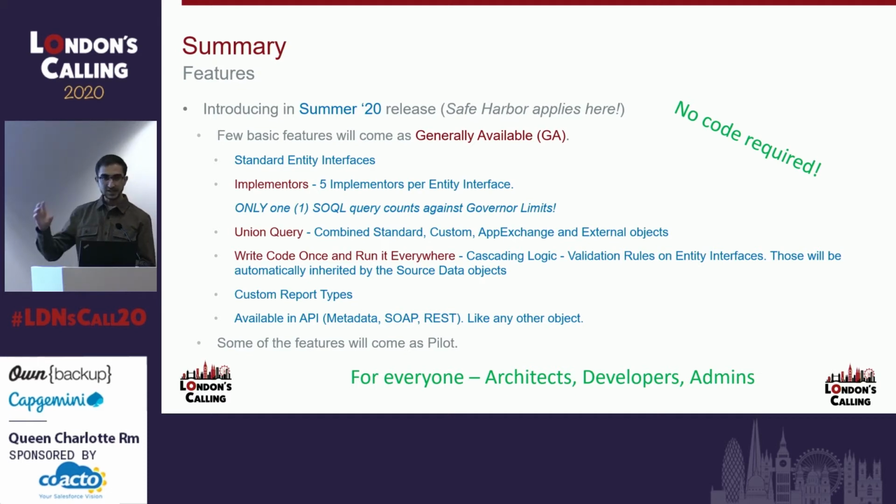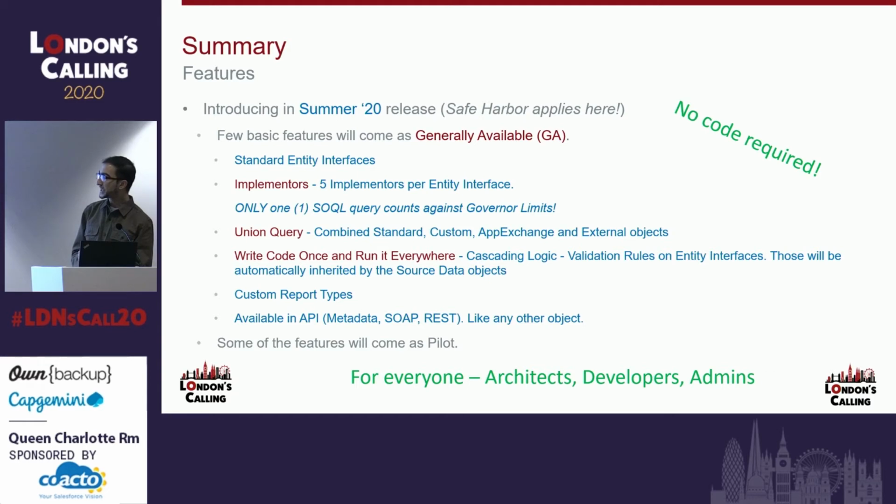In a single entity interface, you will be able to create five implementers. And by the way, you don't need to worry about governor limits. When you query the entity interface, it will not query different objects. It will run just one query, which is a great point from a governor limits point of view, and also from a performance point of view.